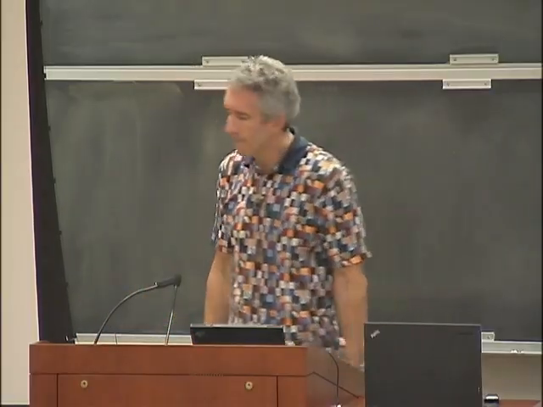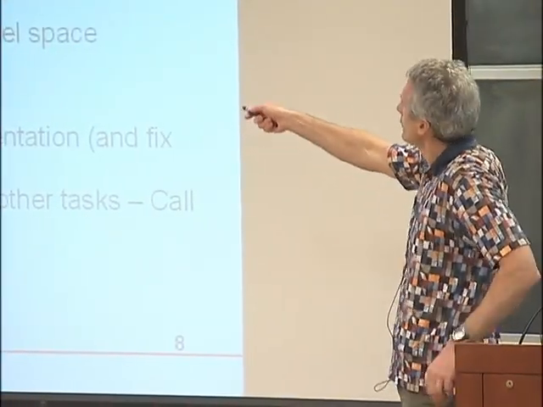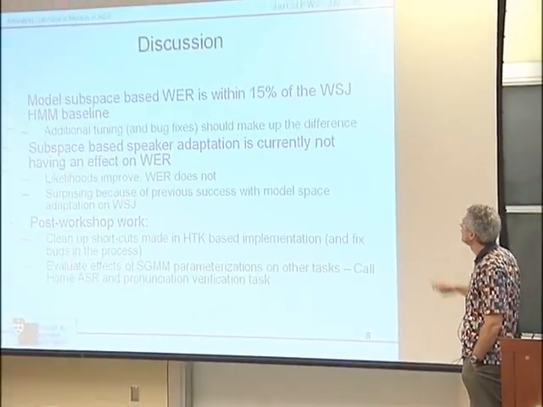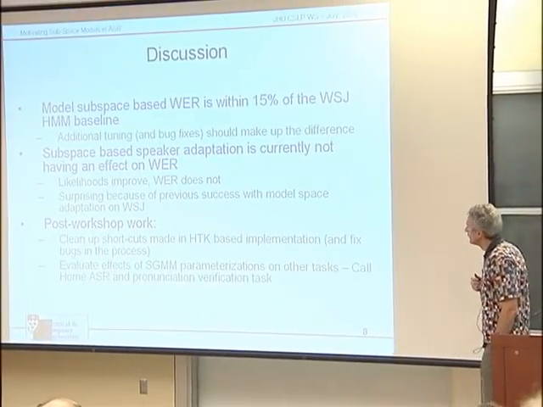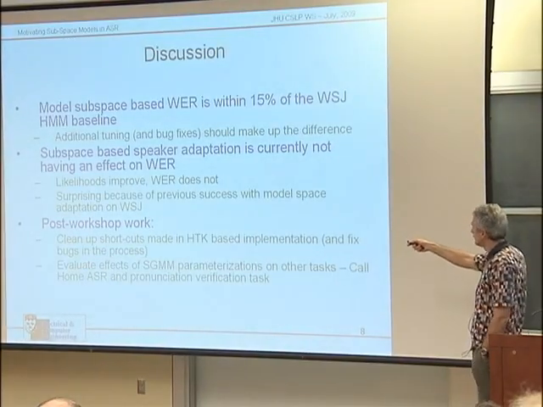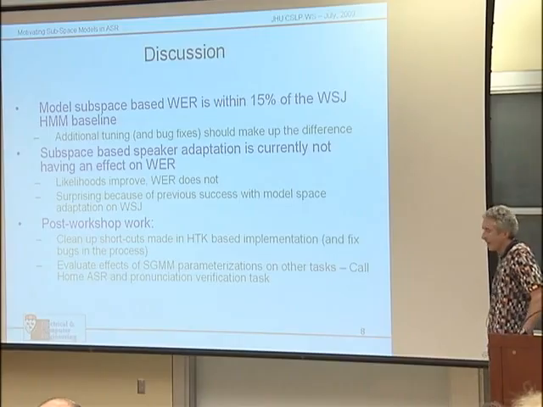So anyway, we thought we would be able to, so we've gotten within 15% of the Wall Street Journal baseline. We assumed that additional tuning should make up that difference. We had been more optimistic about the subspace-based speaker adaptation, and that did not have an effect.